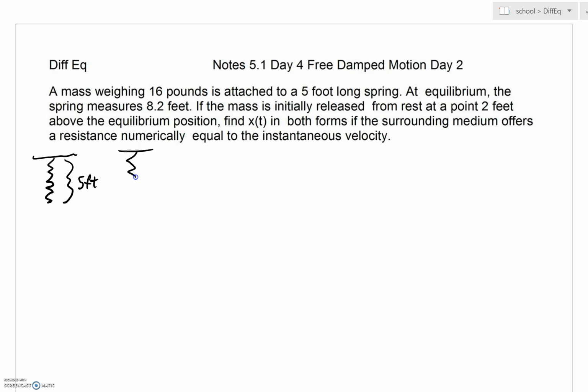However, when we do put a mass on it, at equilibrium, remember that would be the resting point, all of a sudden this spring is stretched out to 8.2 feet. Now, we can talk about the distance that the spring has moved from 5 feet to 8.2 feet. That's 3.2 feet.